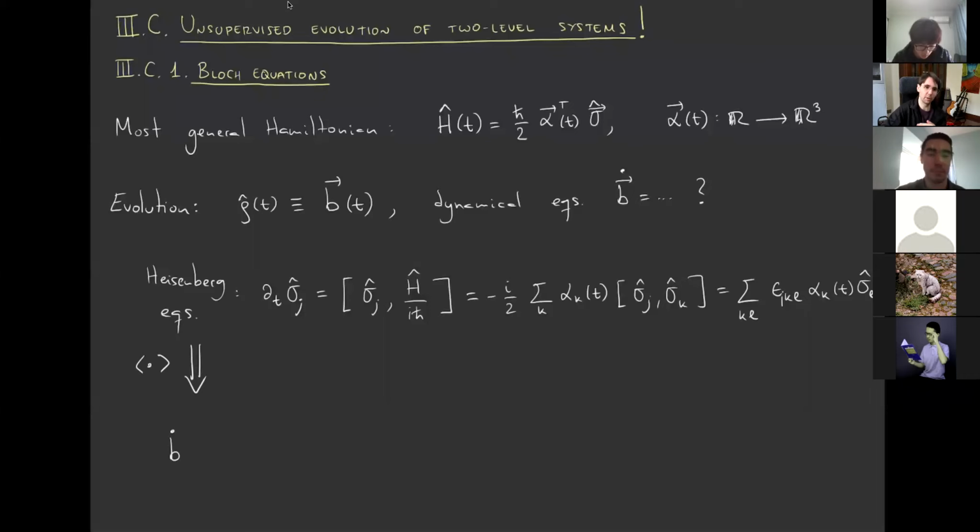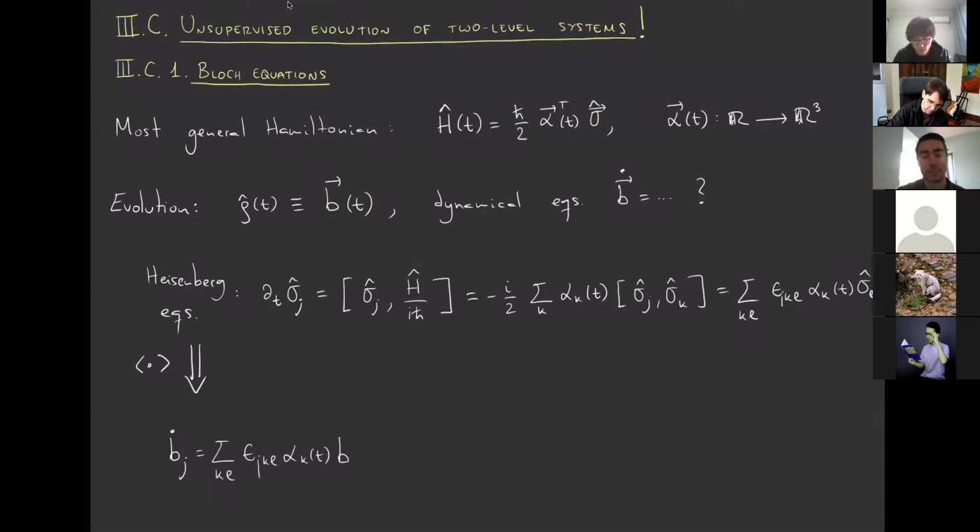And if we now take the expectation value of this expression, we get, remember, we are in the Heisenberg picture, so states are time independent. So when we take the expectation value, we can put the state inside this time derivative, and then we get here the derivative of the expectation value. And this is just B dot. And this will be equal to the sum in k and l of the antisymmetric symbol, alpha k times B l.